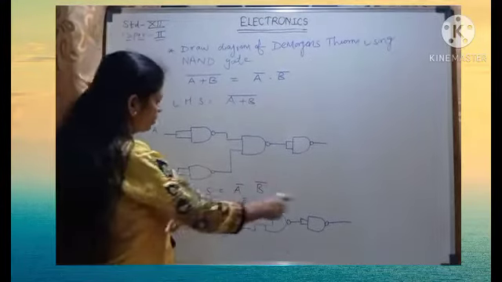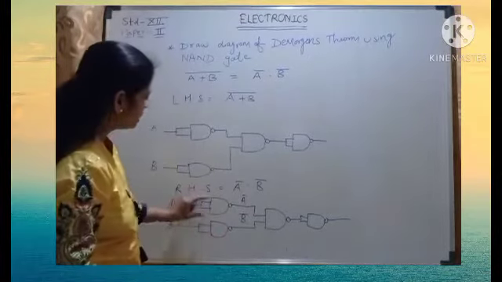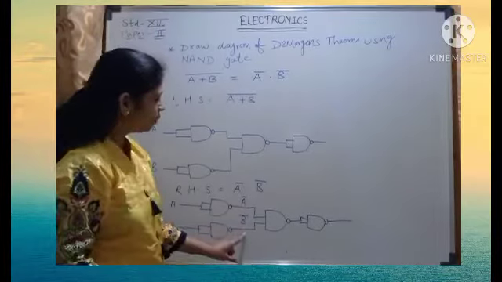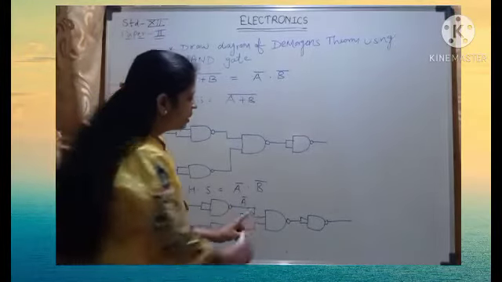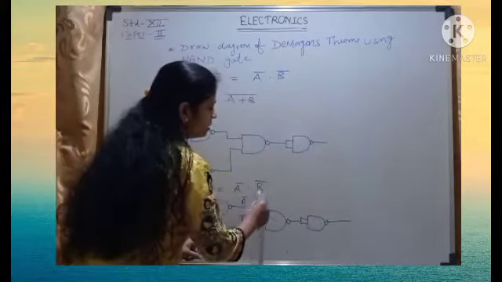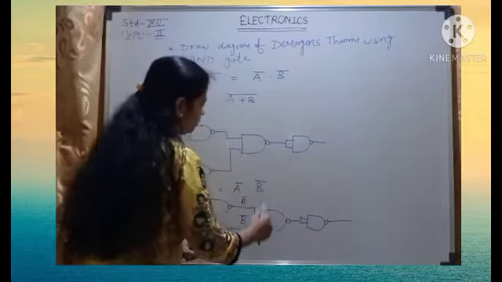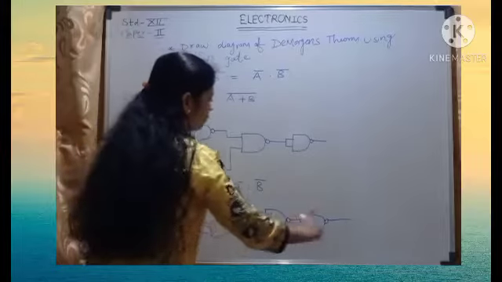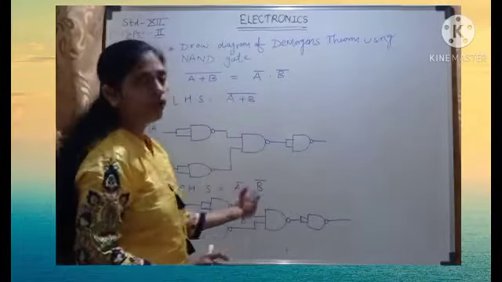Here this is A, here A bar, this is B, here B bar, and this part will give us the dot product, the AND gate. So this is the final output for A bar dot B bar.